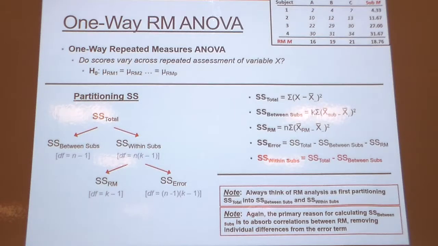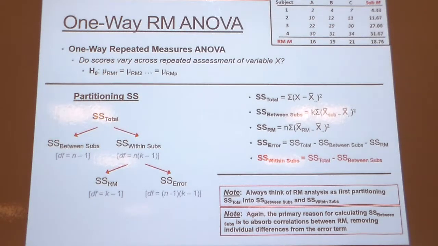And then my sum of squares error: we take the total, subtract the between, subtract the repeated measures, and this is what we're left over with, right? And if we wanted to get our within, it's our sum of squares total minus our sum of squares between, okay?